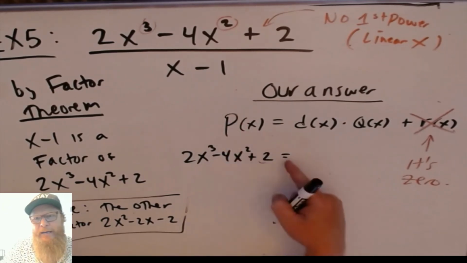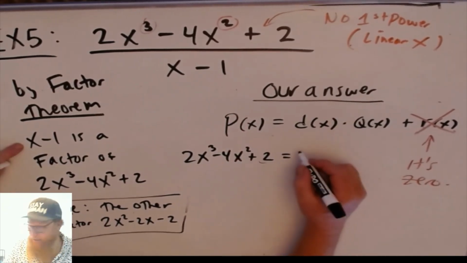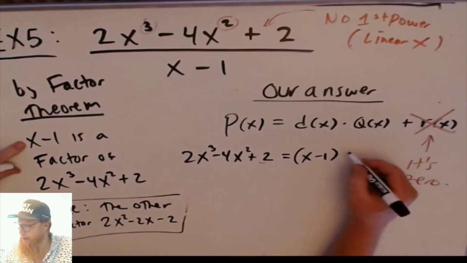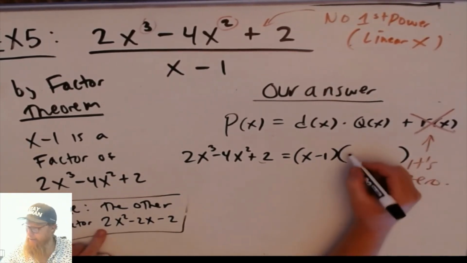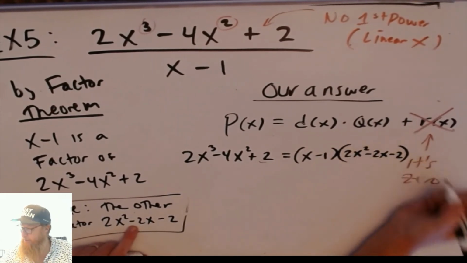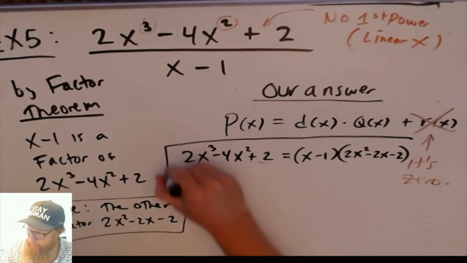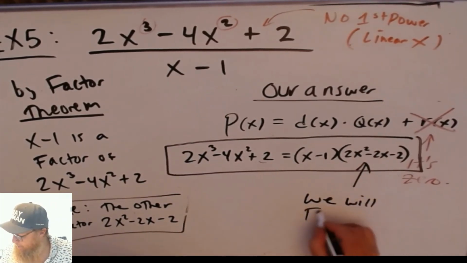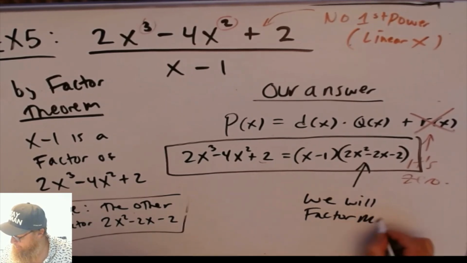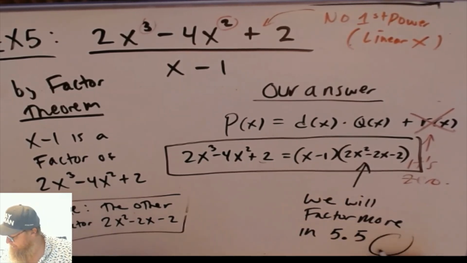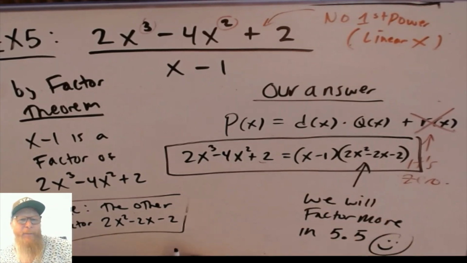That's our P, is equal to D. D was x minus 1. That's D. And then Q is 2x squared minus 2x minus 2. And then we will factor more in section 5.5. I'm sure you're all looking forward to that.